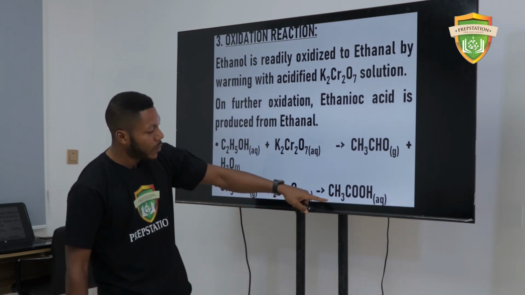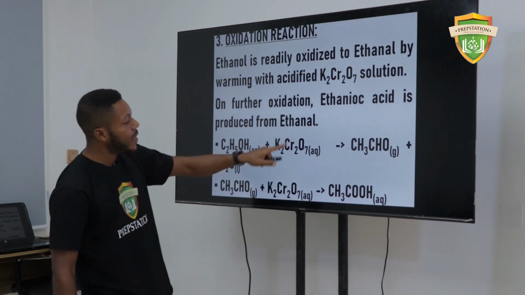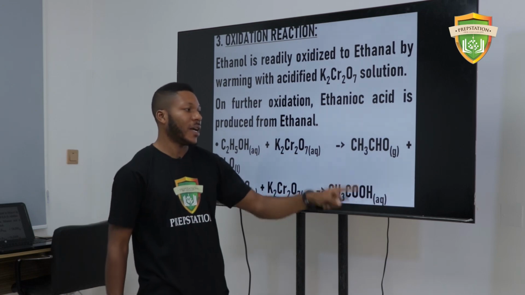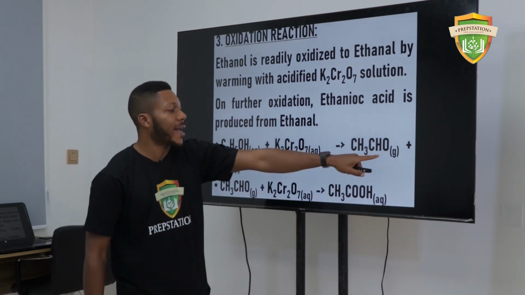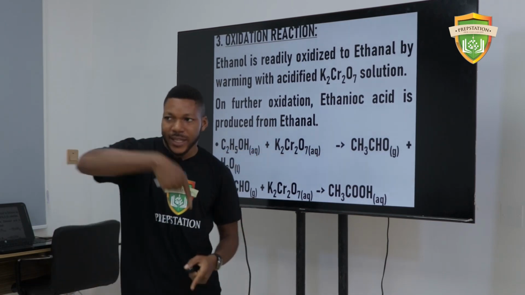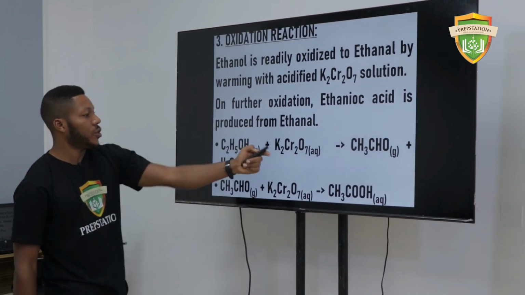A carboxylic acid in the form of ethanoic acid. With excess oxidation, more oxidation, it gives carboxylic acid. At first, it is the alkanal group. When you further oxidize it again, we give us carboxylic acid, according to the equation.